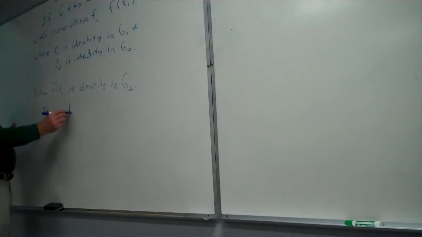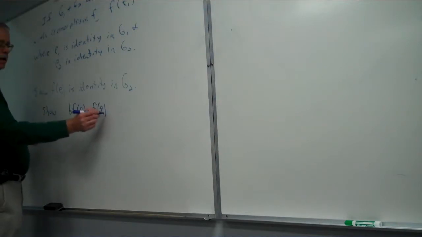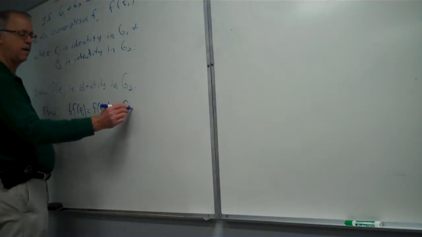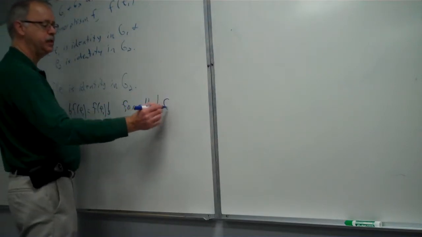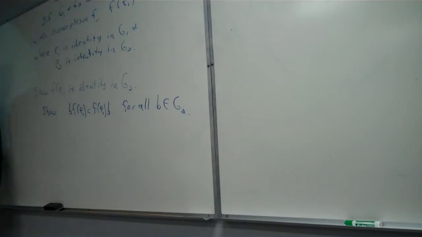So show that, say, B times F of E1 equals F of E1 times B, for all B in G2. If we can do that, then that element F of E1 is the identity, because it acts like the identity. That's how the identity acts. It doesn't change any other element in the group.